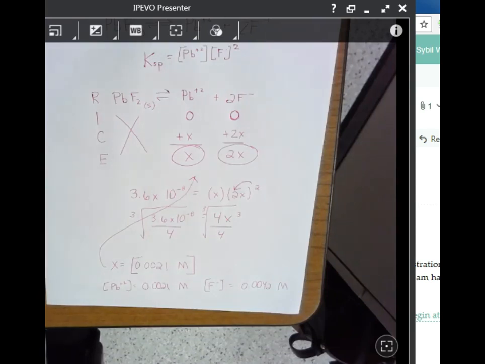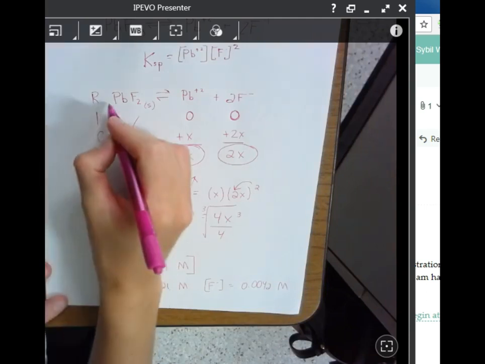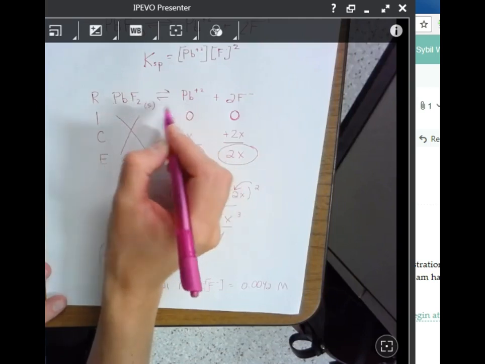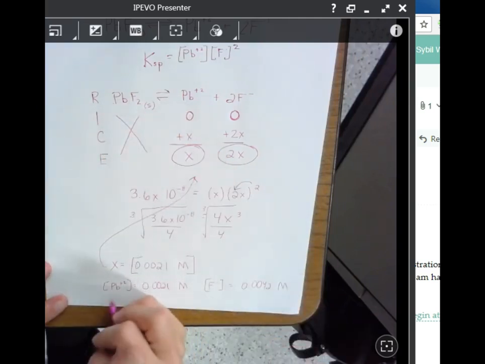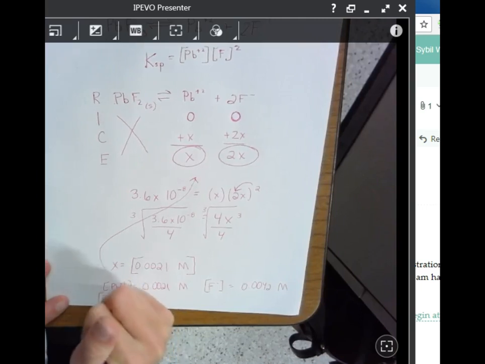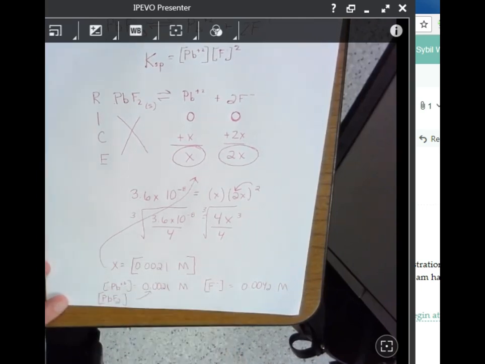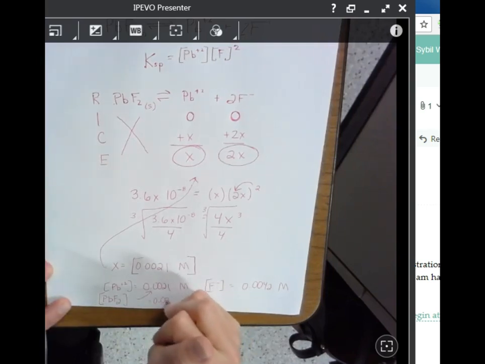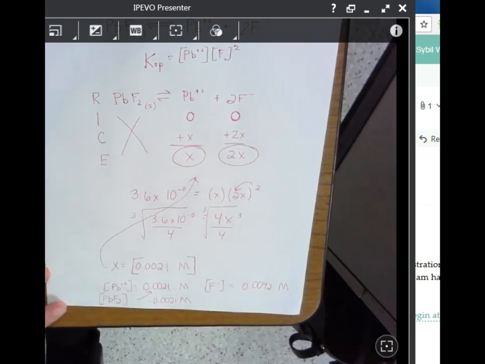All right. The second part of the question is, what is the molar solubility of the solution? Well, if we look at our coefficients, the lead and the fluoride compound have the same coefficient, so that's a 1-to-1 ratio, which means the molar solubility of lead fluoride is equal to the lead. Okay, so that would be 0.0021 molarity is also the molar solubility of the lead fluoride.